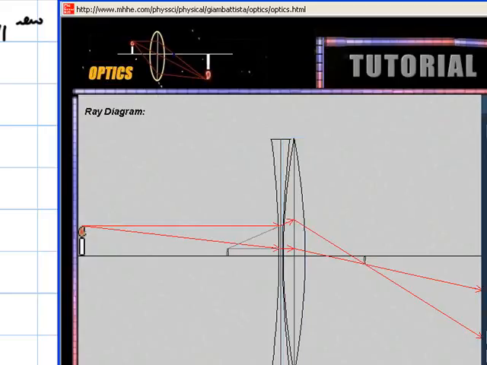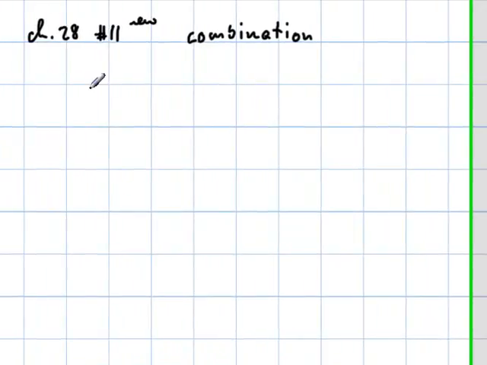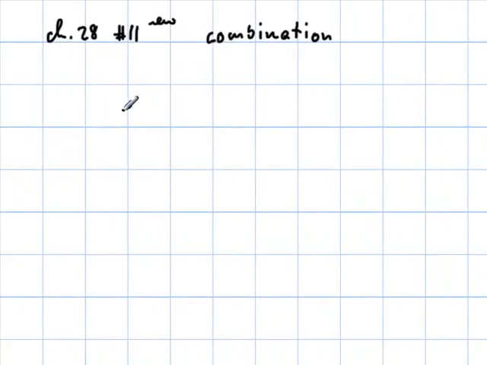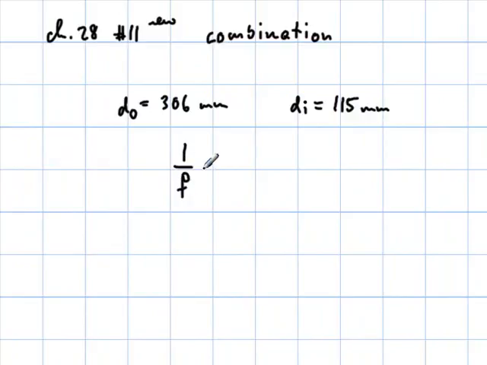So we have these two numbers. dO equals 306 millimeters, and dI, and this is a real image, is 115 millimeters. And we do the same calculation.